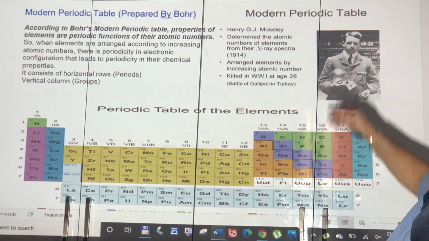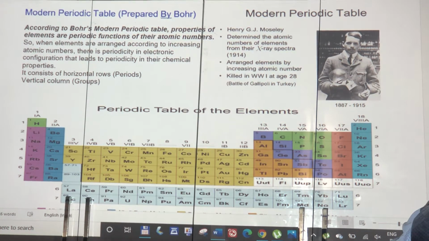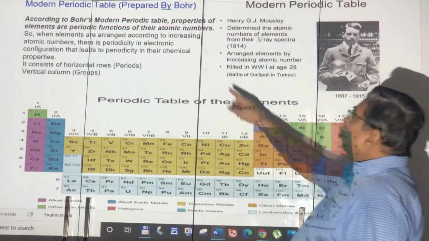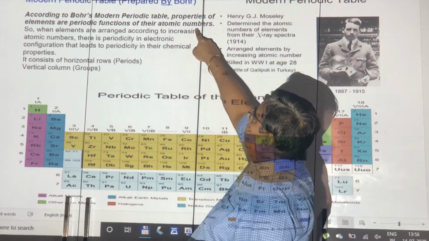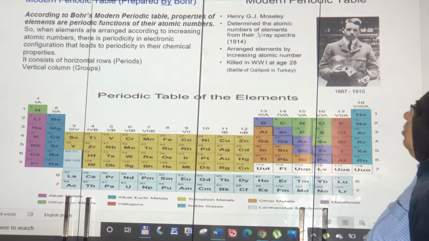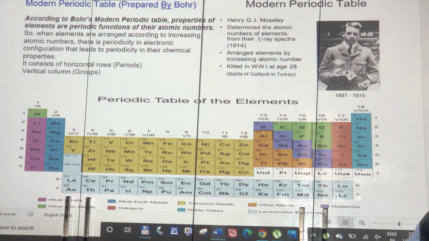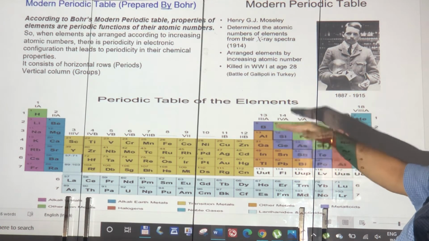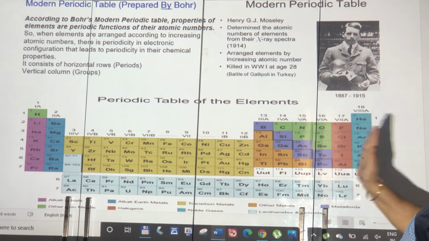We owe it to Moseley, who gave us the law which we are using till today. We follow atomic numbers, after Bohr's theory of shells, when shells were discovered. Electronic configuration, we go by atomic numbers. So it has horizontal rows, periods, and vertical rows, groups.